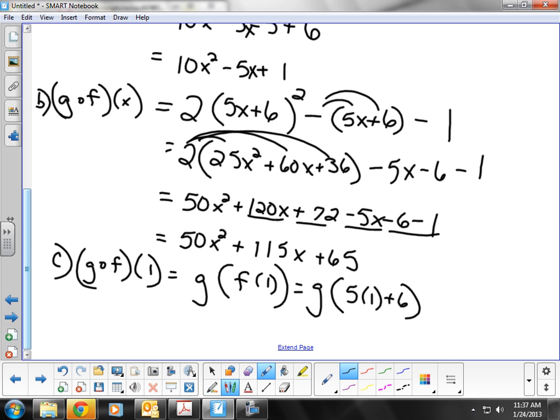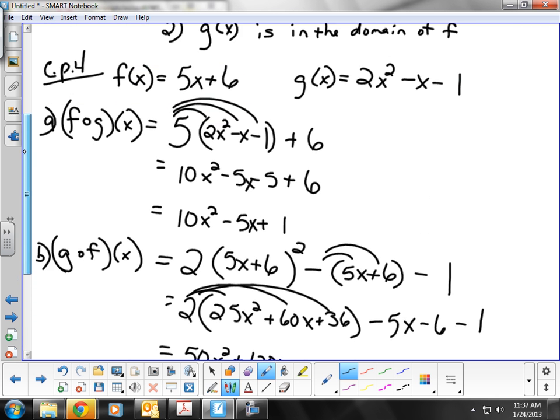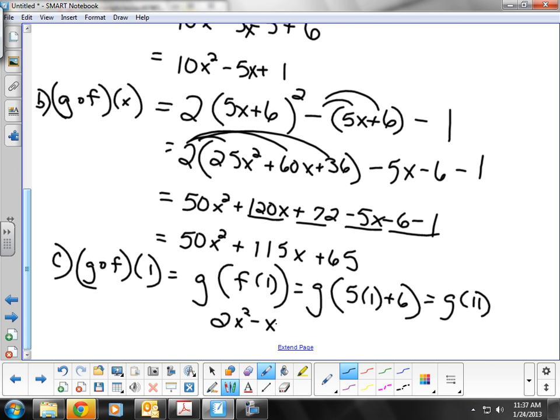So 5 plus 6 gives me 11, so I'm going to actually do G of 11. So then I go to the G function, which was 2x squared minus x minus 1, yeah. And then if I want to do G of 11, then I do 2 times 11 squared minus 11 minus 1.